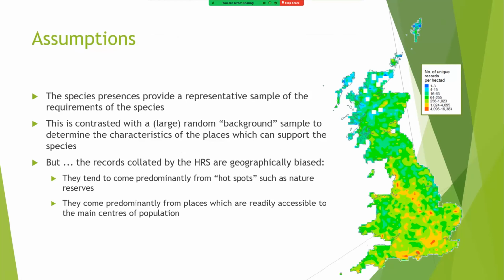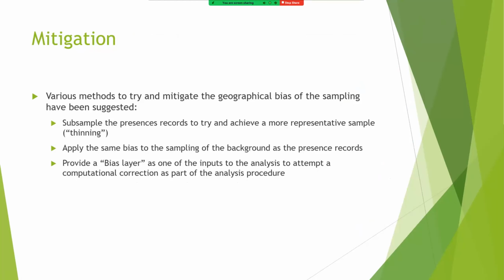Personally, I've not found that very successful. Maxent does have an experimental feature that lets you do that, but I've not had a huge amount of success. And the published research really favours this middle method as the one that produces the best results.